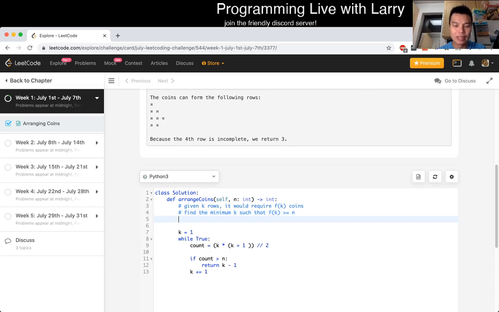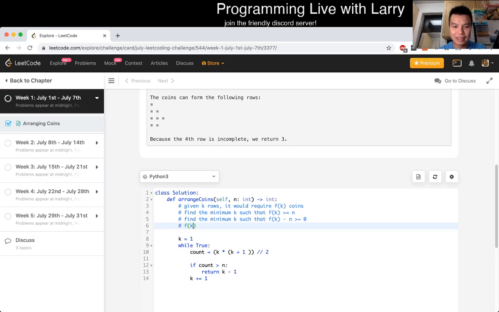And what is that equal to? Well, if you change the formula a little bit, find the minimum k such that f of k minus n is greater than or equal to 0. This makes it a little bit clearer, and we know that f of k is monotonically, or strictly, increasing.